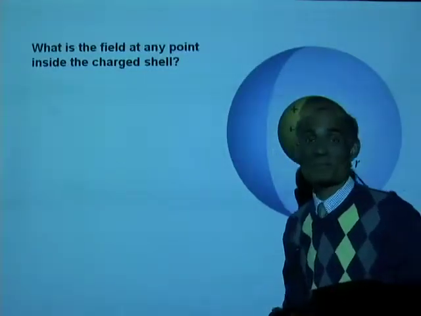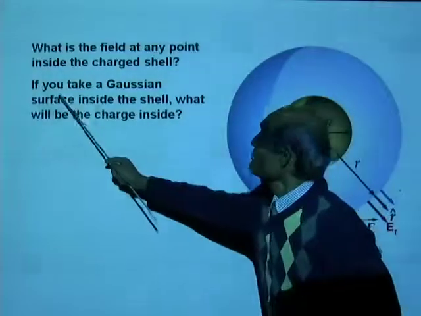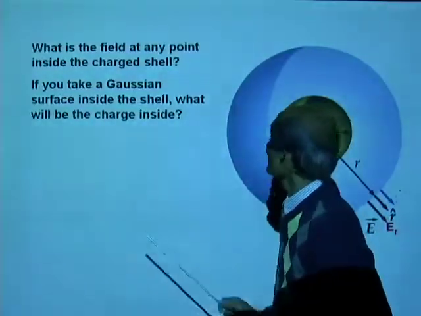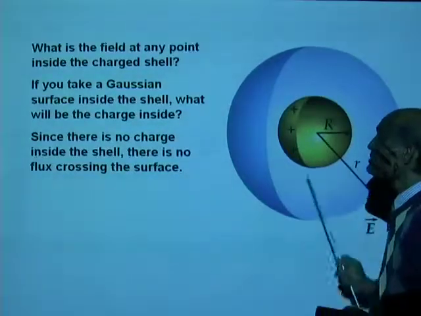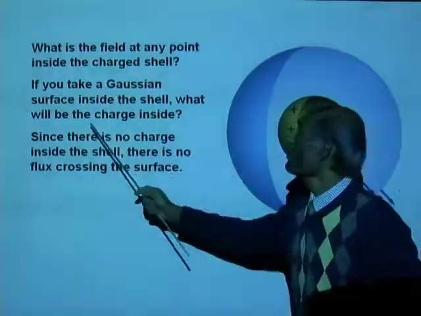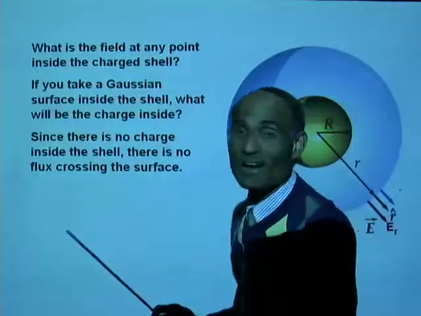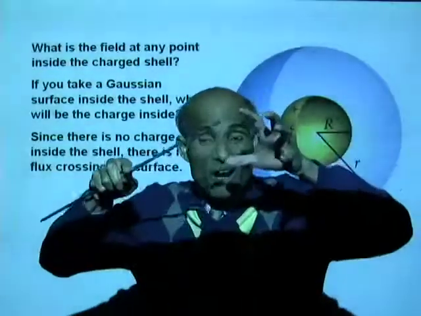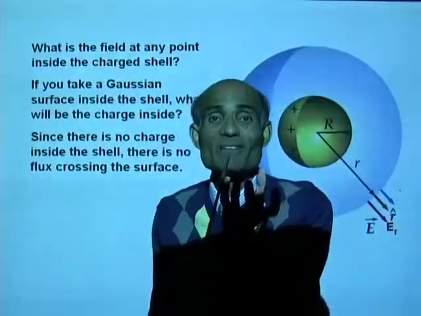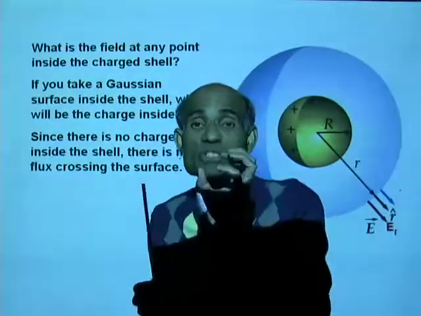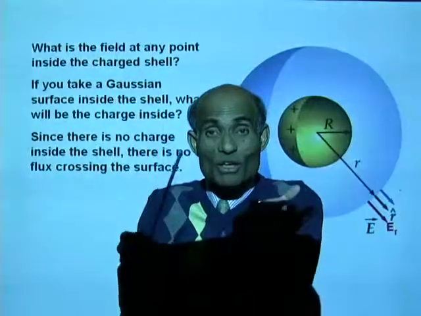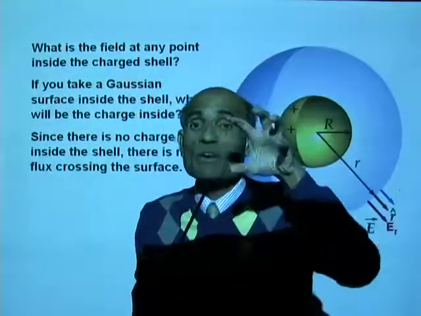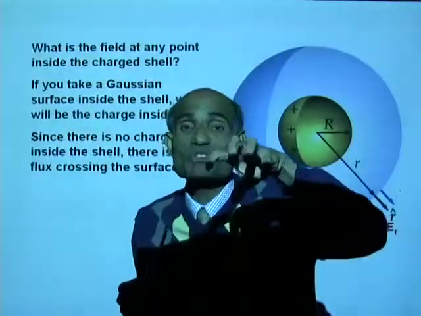Well, if you take a Gaussian surface inside the shell, is it possible to take a Gaussian surface inside the shell? What will be the charge inside? Is there any charge inside the shell? No, there is no charge inside the shell. Charges exist only on the shell. There is no charge inside the shell.